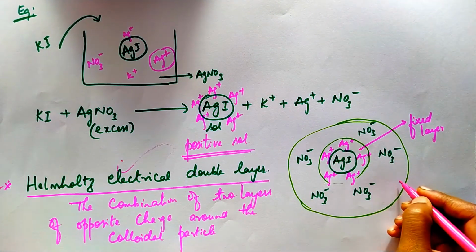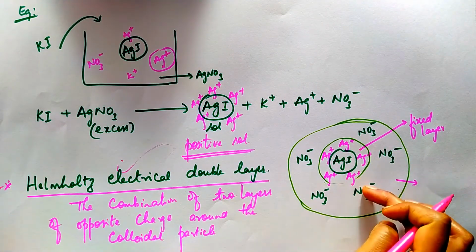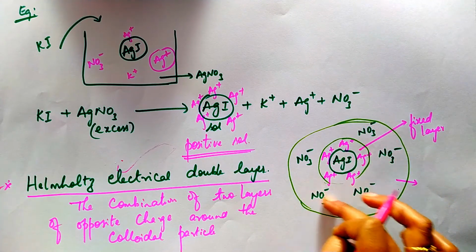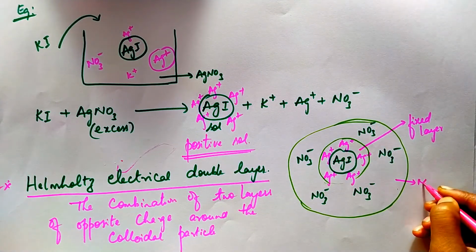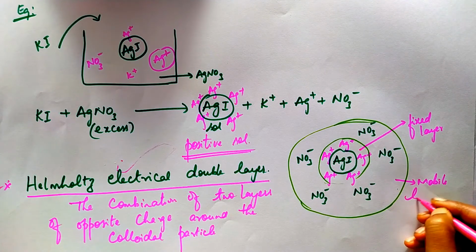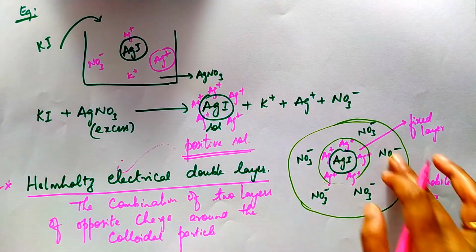And the second layer, which is just attracted and not tightly fixed to Ag plus, we call a mobile layer. That means there will be movement in the second layer.